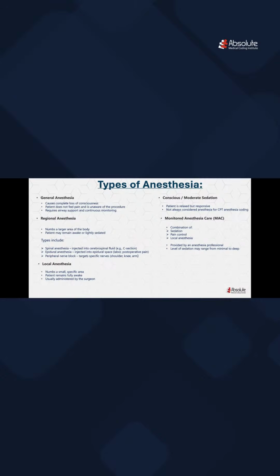Okay, now let's move on. Now that we have covered the different types of anesthesia, let's jump into the anesthesia guidelines. As I said, anesthesia services are reported using the CPT codes that range from 00100 to 01999. And you must always remember, coders, these codes are not always used alone.